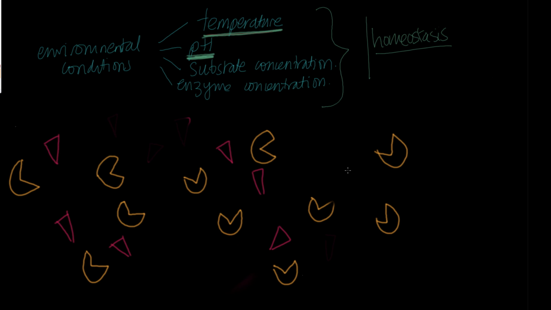So now if we increased the substrate concentration, it would actually make a difference to our rate of reaction, okay, because we've got extra enzymes available to be catalyzing our reactions. Okay, so substrate concentration and enzyme concentration kind of work together to influence the rate of reaction. And you're going to get to a point where, well, if you've got not enough enzymes for the substrate, it's not going to make any difference.